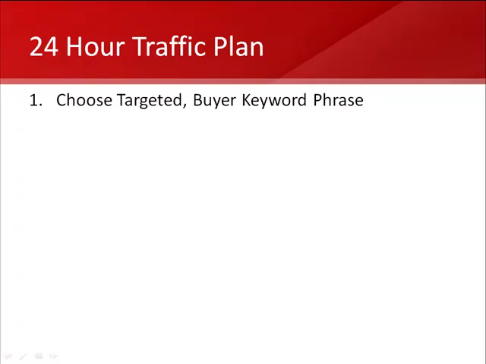The main focus here is to narrow down on a targeted buyer keyword phrase that's related to your niche. I'm going to show you on the screen how to do that, but you can use the AdWords keyword tool. You just type in the root domain name. So for example, if you are a business in Tulsa, Oklahoma, you might type Tulsa chiropractors, and see what kind of keyword options come up that way.